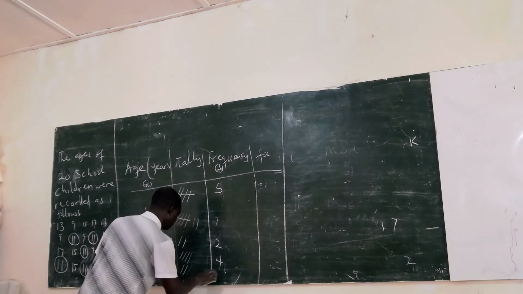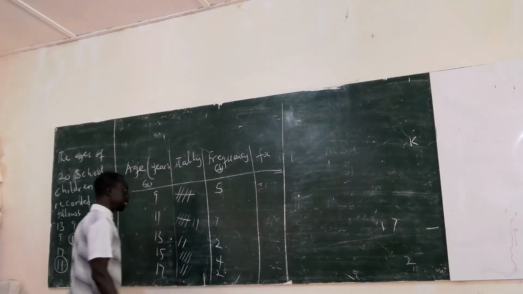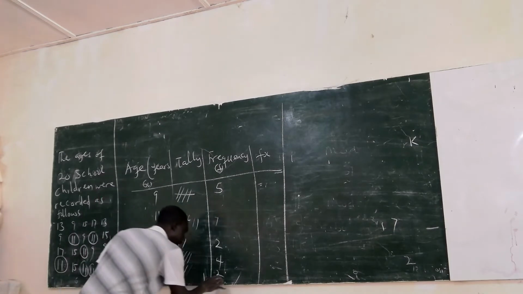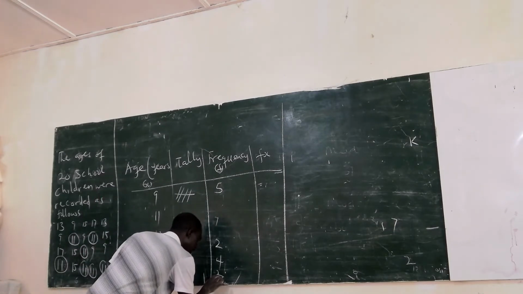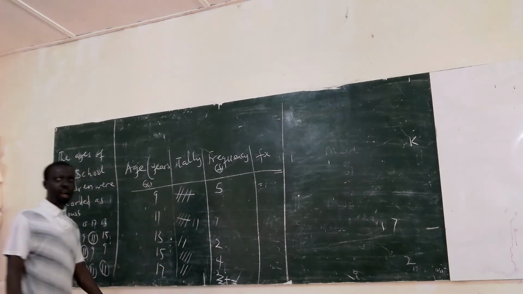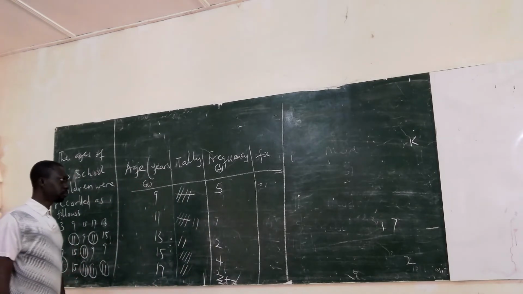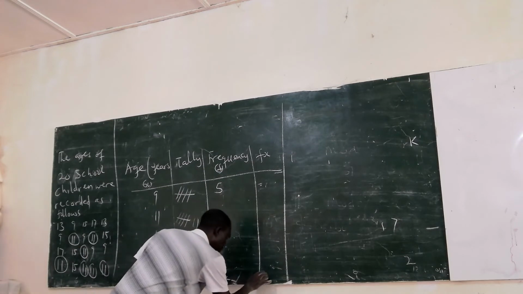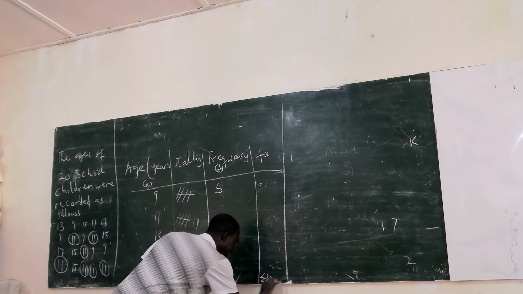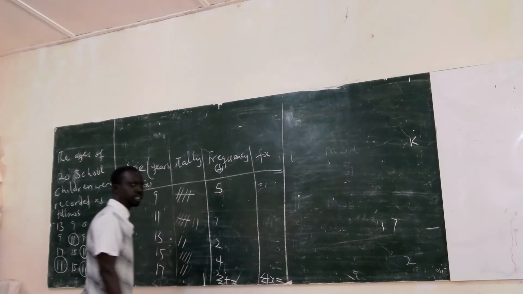After this, we name here sigma f. It means total frequency, okay? And we name here sigma fx, that's summation of frequency times x.